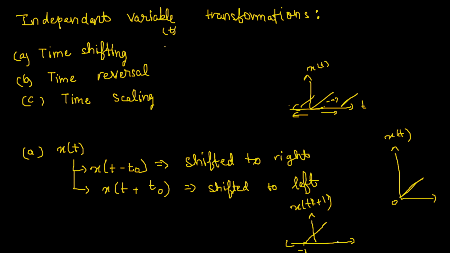There is no difference. The shape of the graph remains the same. It has just been shifted to the left by 1 unit. Now if you have x of t minus 1, here what happens? It is shifted to the right. So the graph starts at 1, 0, and then the shape of the graph remains the same.